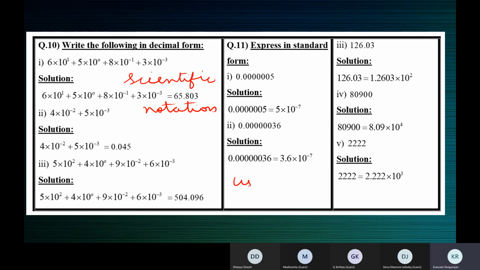One is called the usual form. The other one is called the standard form or the scientific notation. Standard form, scientific notation, both are the same.